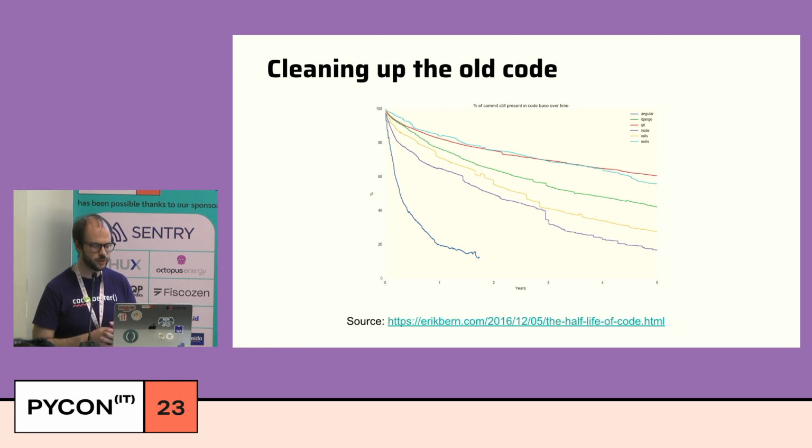You see here, for example, a few popular projects, and we see Django in this case. On the Django project, after 5 years, 0.5% of the commits are not there anymore. So it means that they had to be refactored somehow, and that could have been an opportunity to clean the code incrementally.